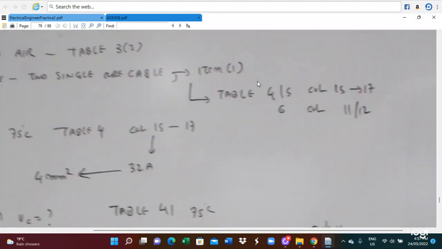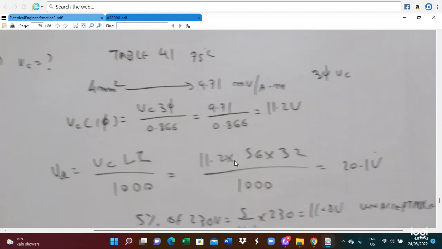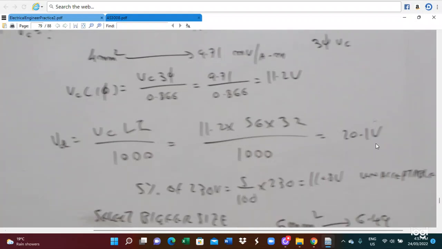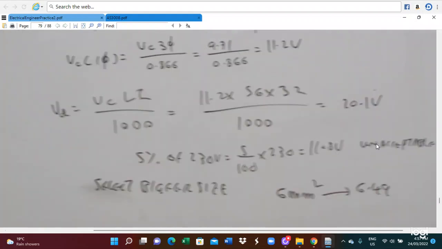So 50 times 32 times 11.2 divided by 1000 gives 20.1. The 5% of 230 volt is 11.5. So the 20.1 answer is not acceptable because it is greater than the 5% of supply voltage. So in this selection, we select a larger cable than the 4 millimeter square.